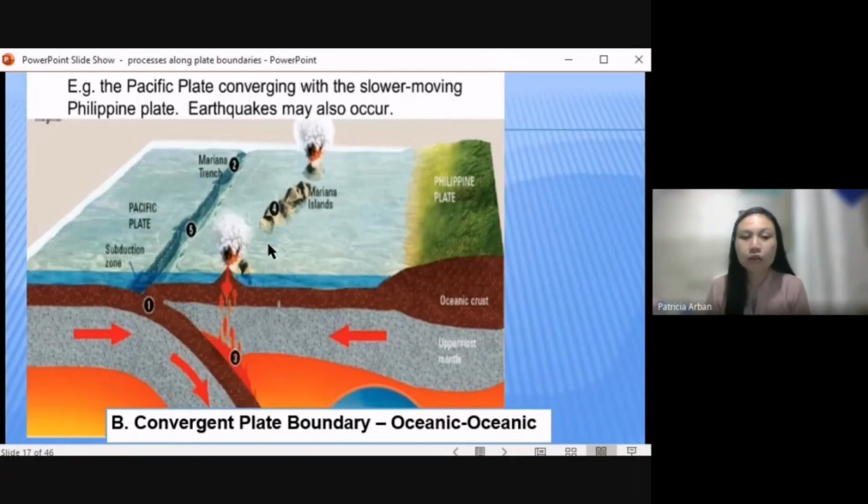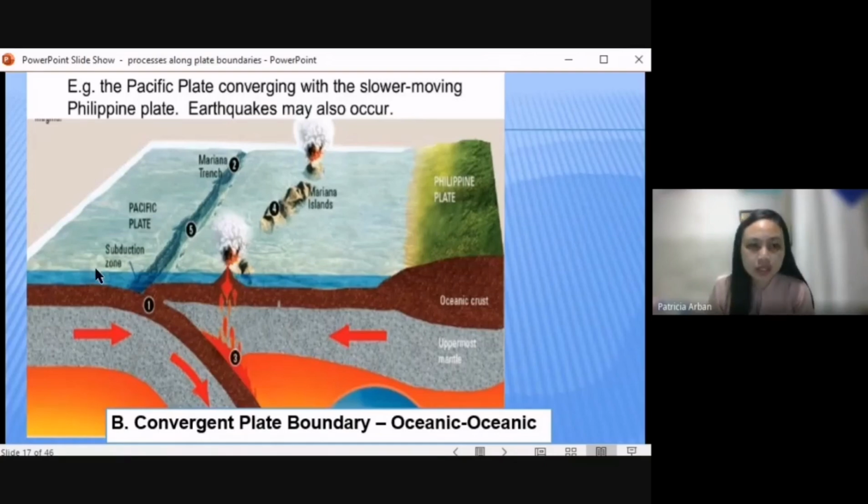That is called volcanic island arc or island arc. Ayan. So again, there is the subduction here, and then we have here the formation of subduction zone in the trench. Ayan. And then also, we have the melting of the rocks. Magiging molten rock siya na ang katawagan natin ay magma. Ayan. And then, saka mapuproduce ang volcanic island arc.